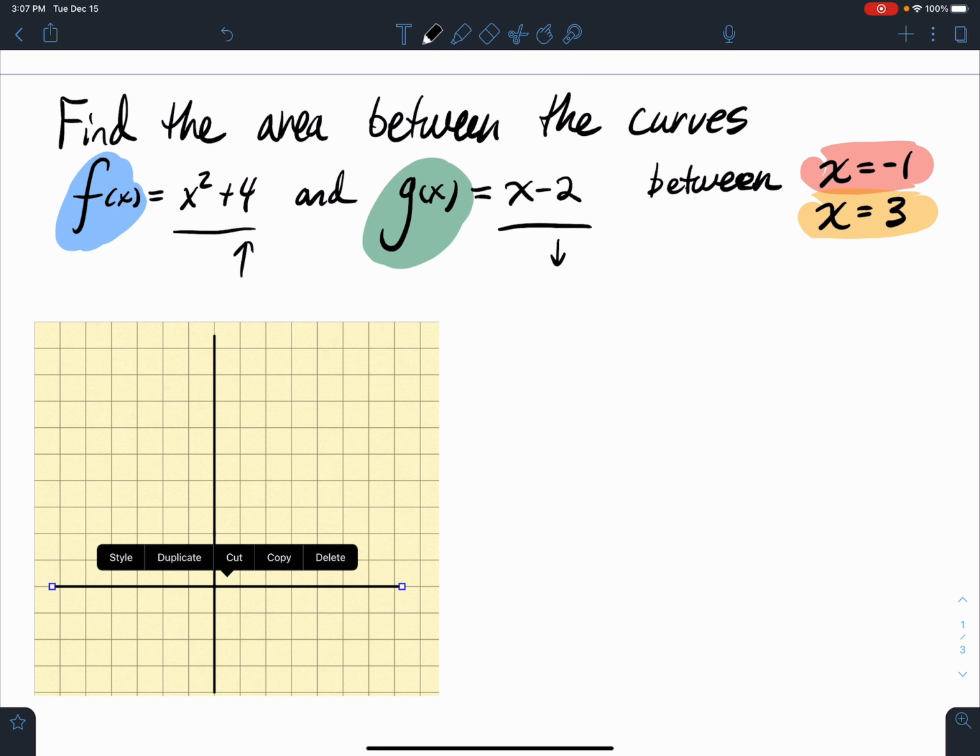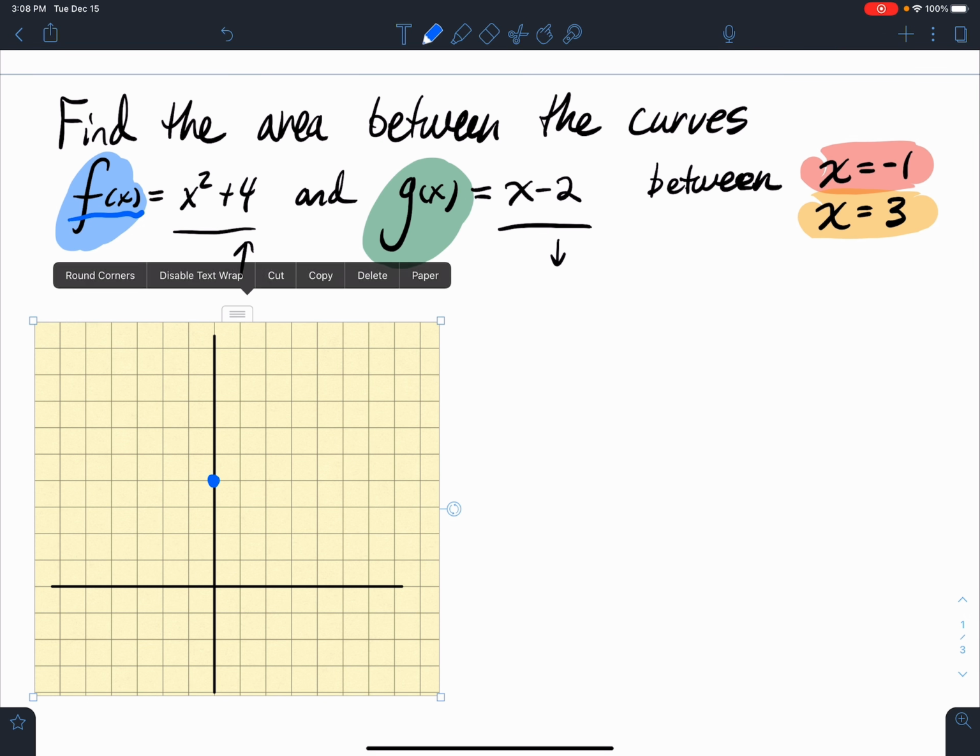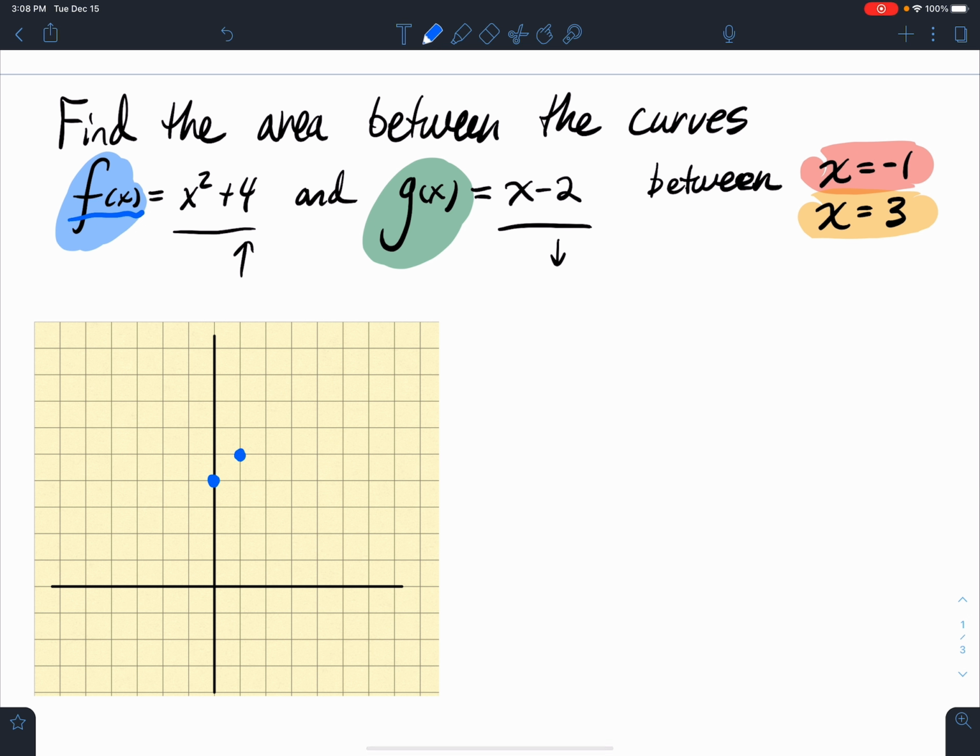Maybe something like this will work. All right, so let's graph f of x first. I'm going to do it in blue since I highlighted in blue here. So that's a parabola shifted up 4 units. So 1, 2, 3, 4. So 4 units up, that's where the vertex is. And so the parabola goes up 1 over 1, up 3 over 1.